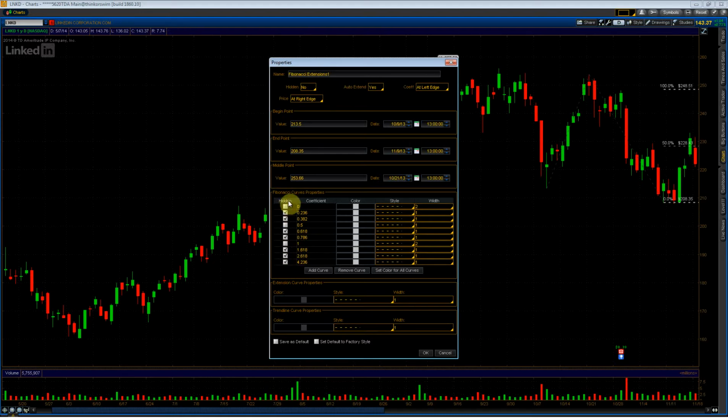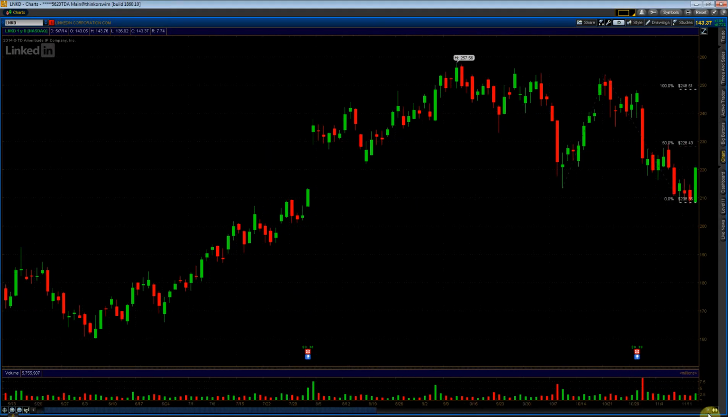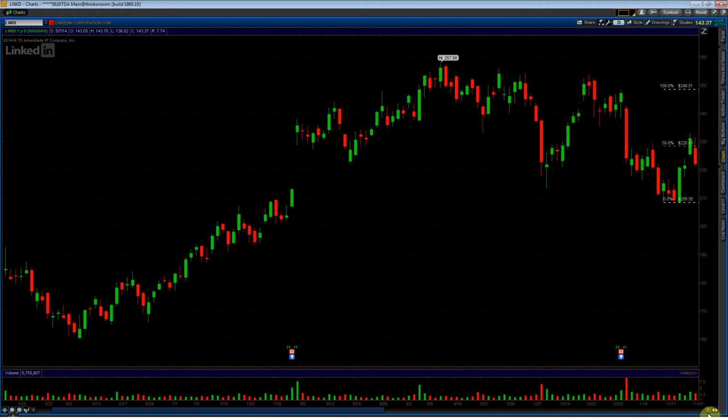I like to just use the 0, the 0.5, and the 100, but most of the times I don't even use the 0.5. But in a case like this, when I am able to kind of get to this point, I start to look at how the 50% can many times serve as a resistance.